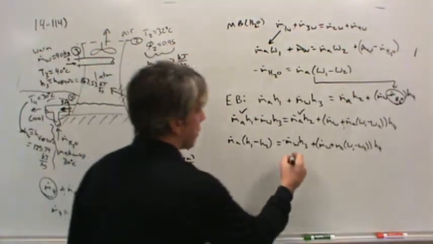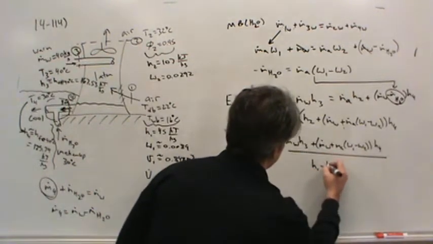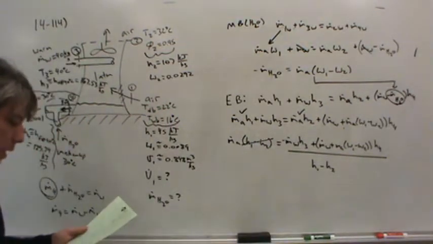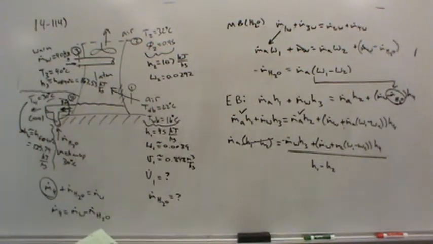And then you can simply divide by H1 minus H2 in order to solve for the mass flow rate of the air. Notice we have all these numbers.